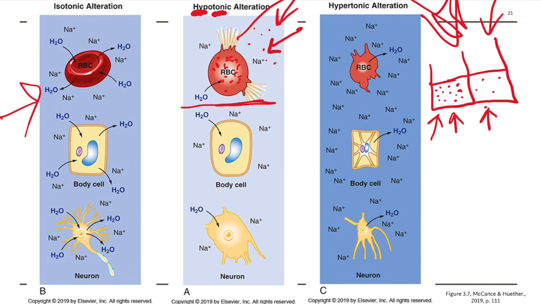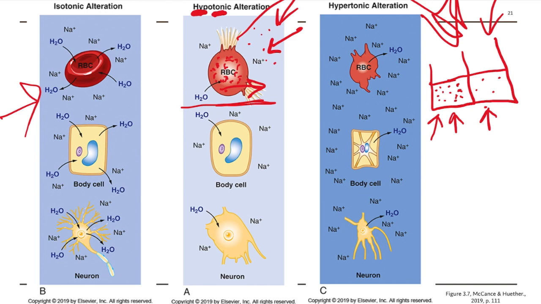Remember, we can't take all this sodium, potassium, whatever is inside this cell, and push it out, because that requires a sodium potassium pump and energy, and it's much more difficult. But osmosis happens very, very simply.